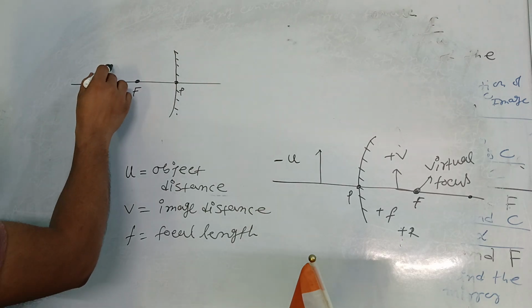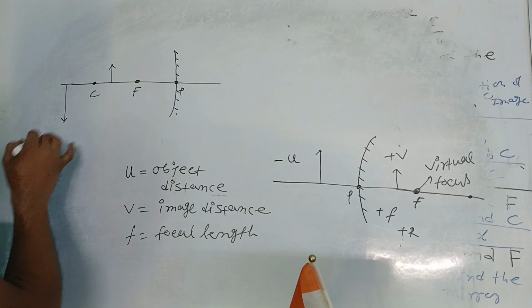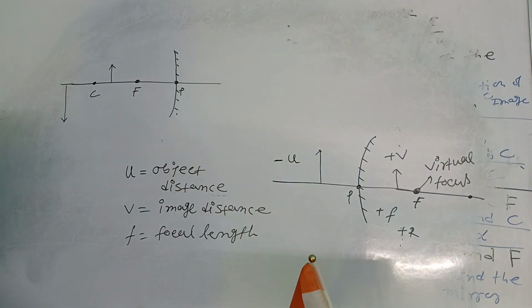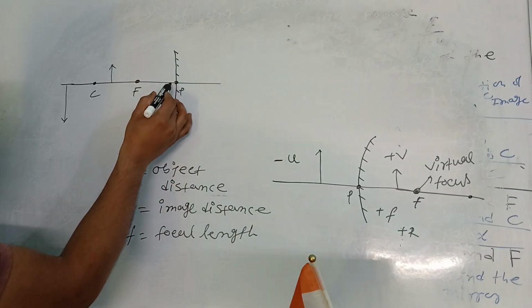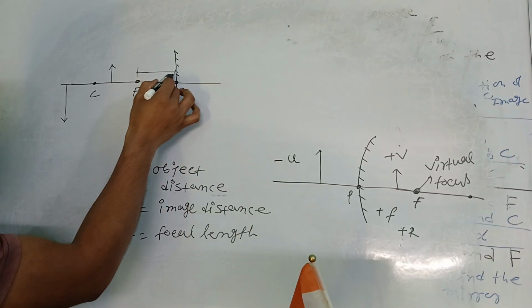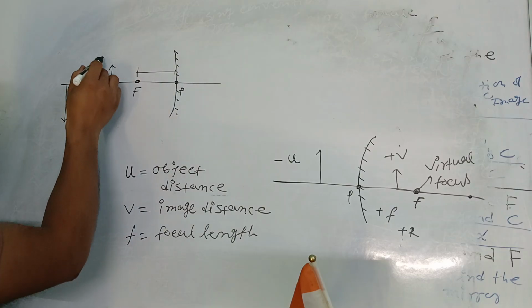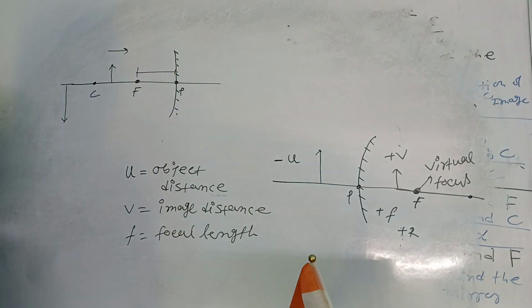Say the object is over here, so we get the image this side. It is a real image. All distances are measured from the pole. Pole to focus is opposite to the direction of incident ray.